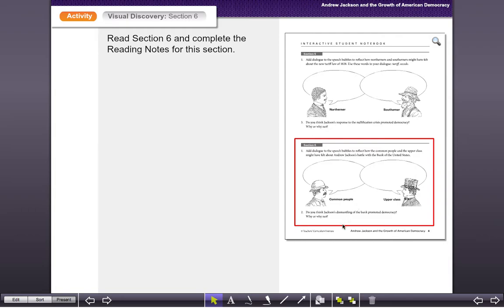The second piece here goes back to our essential question. Do you think Jackson's dismantling of the bank promoted democracy, and be able to explain why or why not? So hit pause, read your section, then come back and we'll review some information that'll be helpful for us here, and you can check your answers.